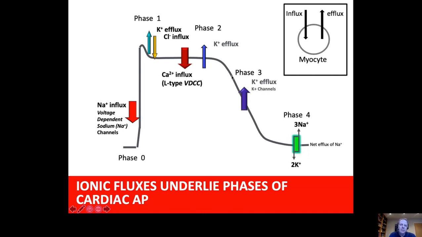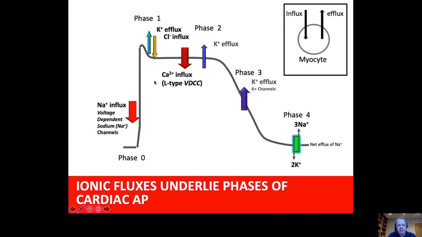The important take-home message here probably is that the plateau phase that we showed you on the previous slide is due to calcium influx through what we call L-type calcium channels. We saw the term DHP, dihydropyridine receptor, and actually dihydropyridine receptors and L-type channels are one and the same.